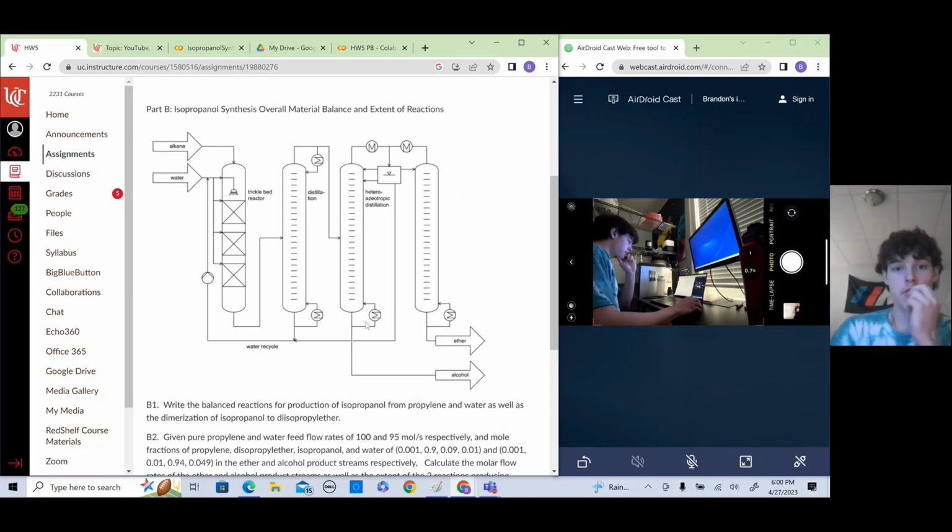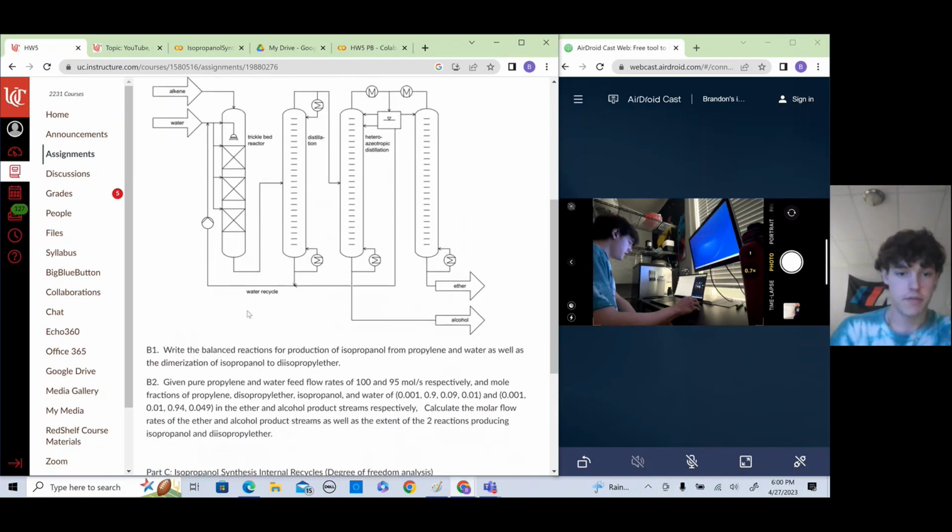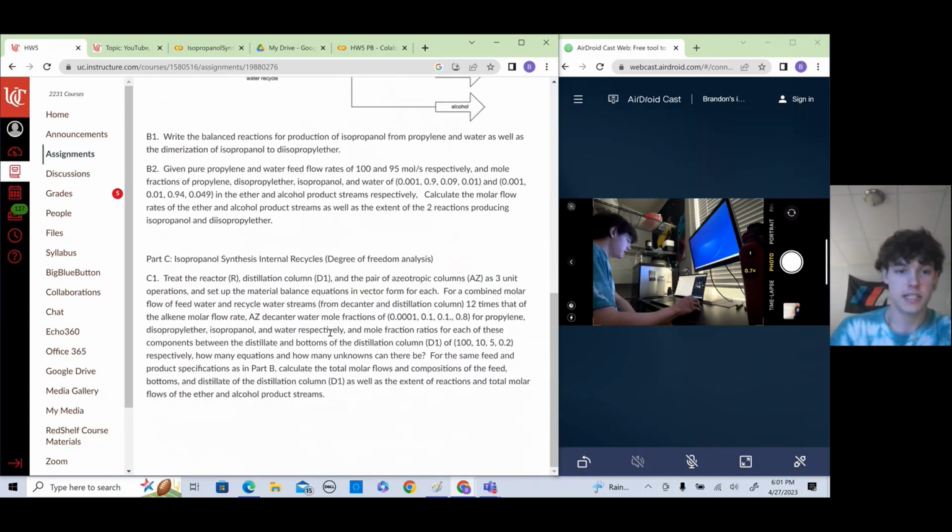There will be 4 unknowns leaving this distillation here, and 4 more for our ether and our alcohol, which is a total of 32. There are 2 more to account for, the extent of reaction for reaction 1 and reaction 2, giving us a total of 34 unknowns and 16 equations. So now we'll move on to the next part.